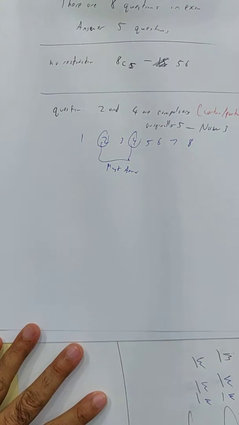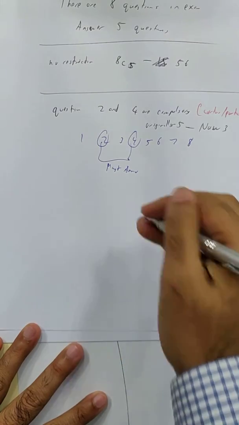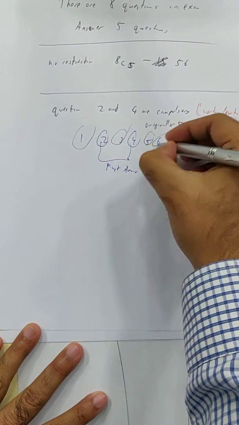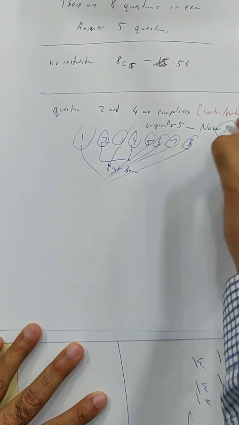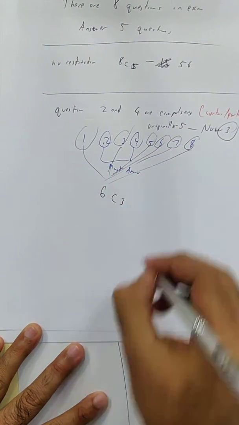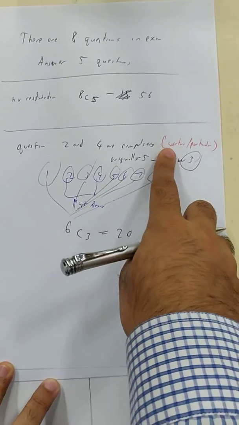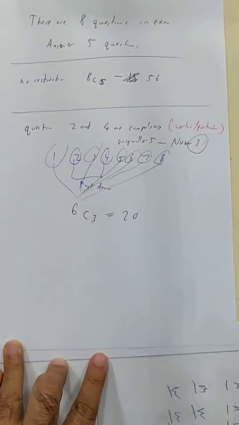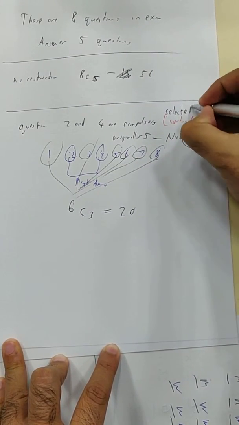So 8C3 or 6C3? I have 6 left and I want 3. 6C3. Do you understand that one? This is for the case of certain, particular. Compulsory means you have selected it beforehand.